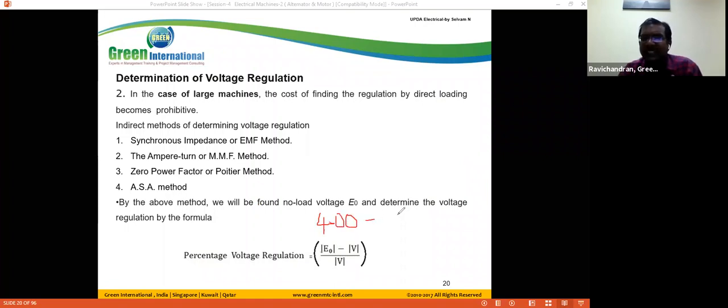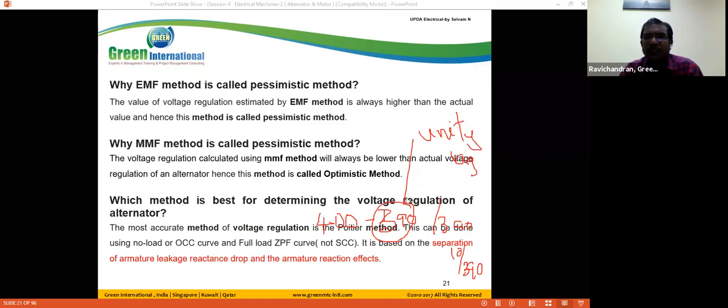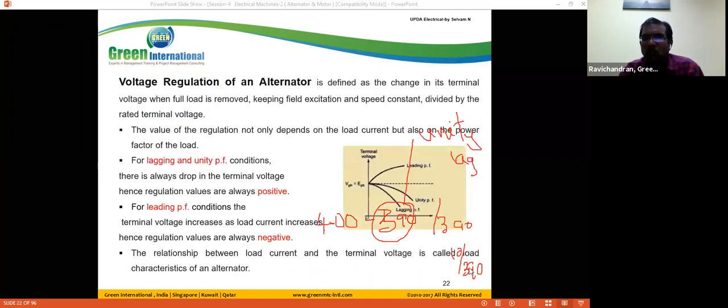In general, the terminal voltage is less than 400 volts, say 390. So (400 minus 390) divided by 390, that is 10 by 390, gives a positive value. 390 is less than the 400 volts, which means it is a unity power factor or lagging power factor. So 10 by 390 is a positive value.